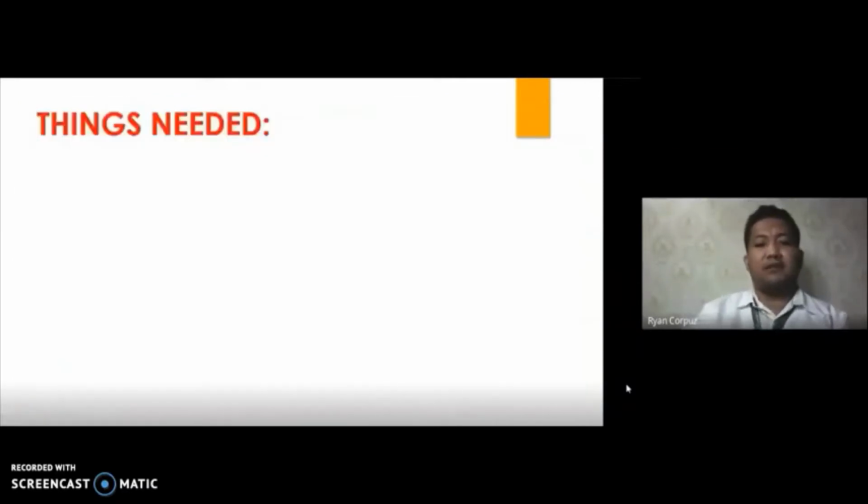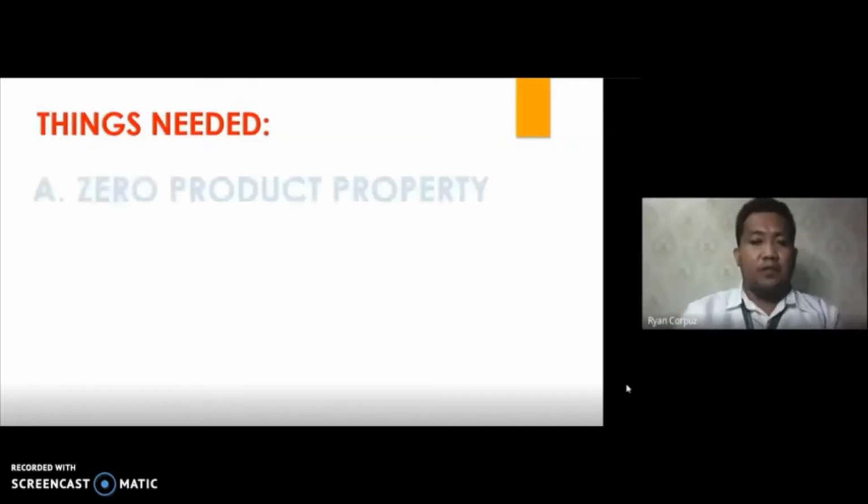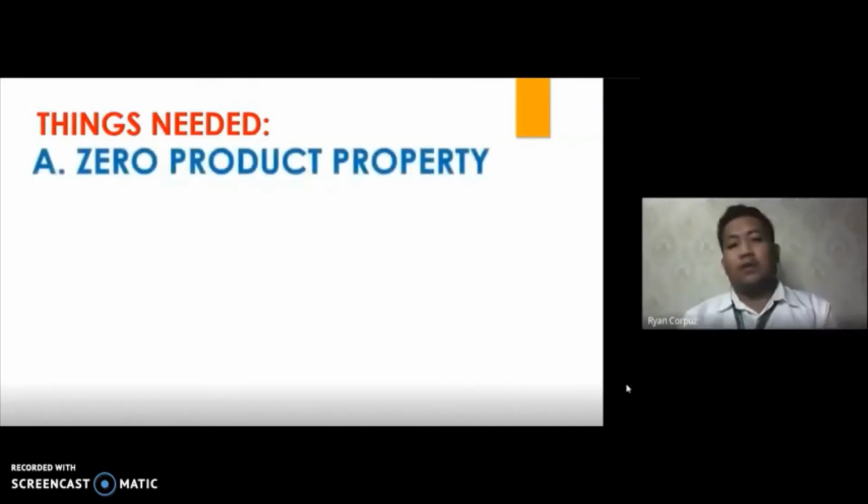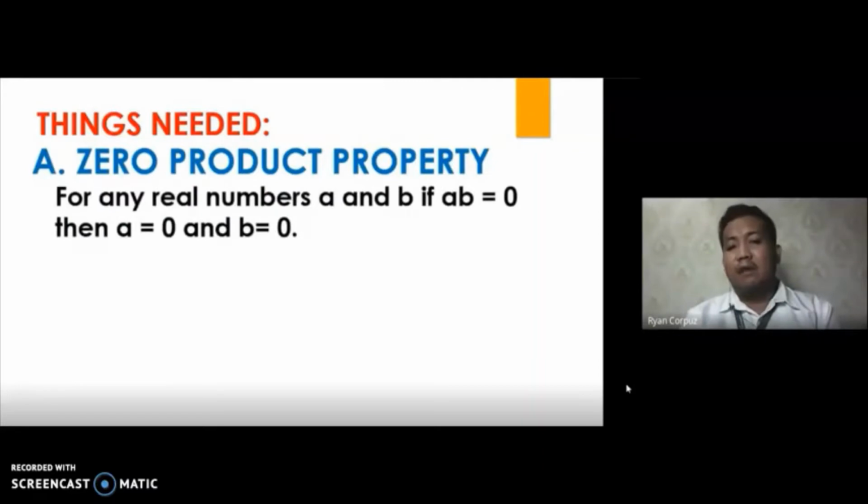So let's start by knowing what are the things that we need in order to solve quadratic equation by factoring. The first thing we need is what we call the zero product property. Zero product property states that for any real numbers a and b, if ab is equal to 0, then a is equal to 0 and b is equal to 0.